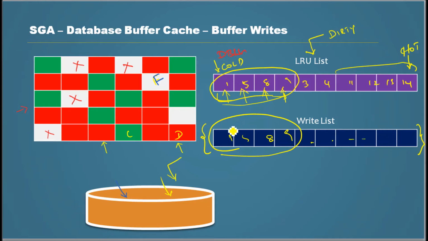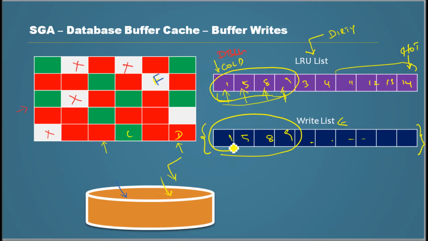This doesn't have a cold or hot configuration. It moves the list of blocks that need to be written to the file to another list called the write list.